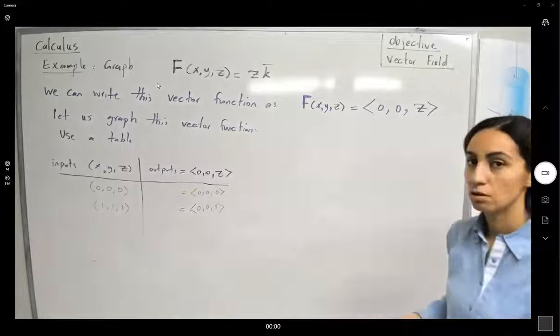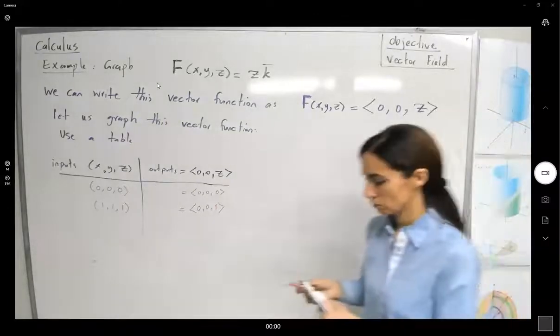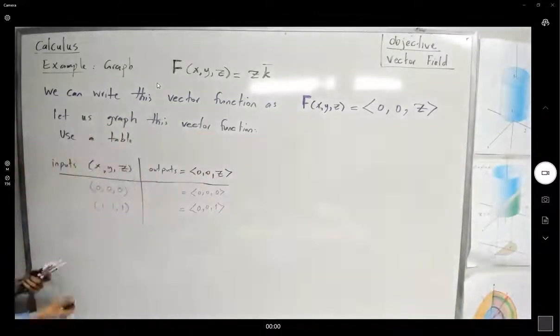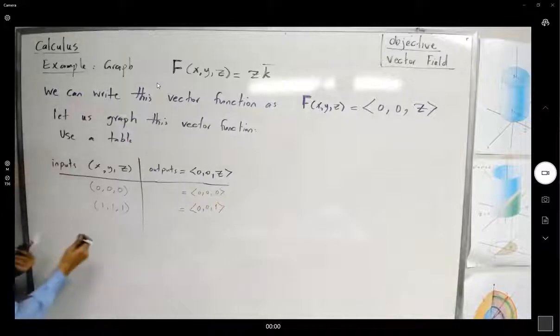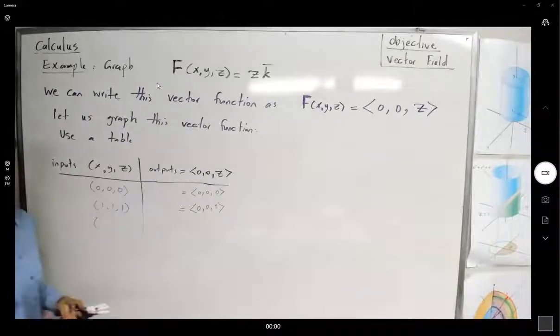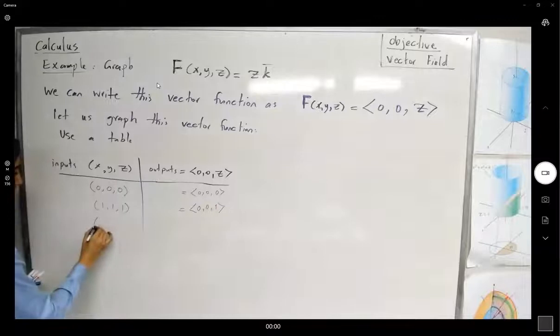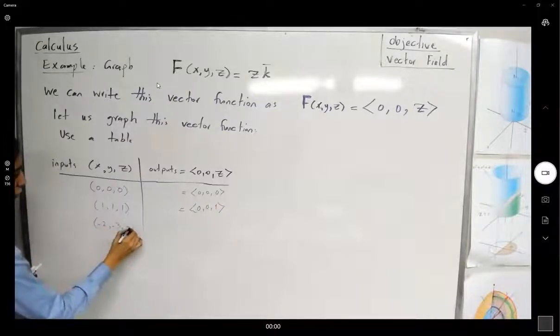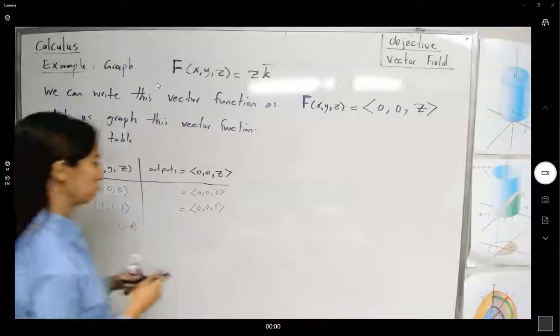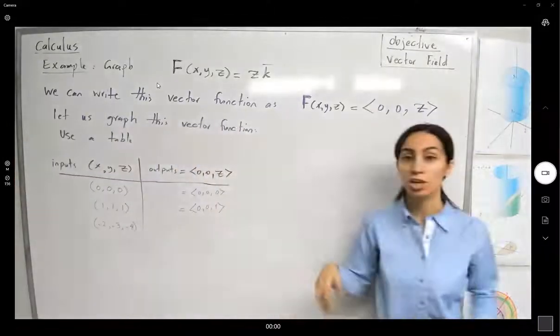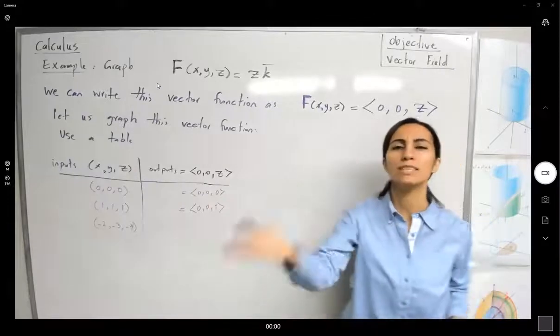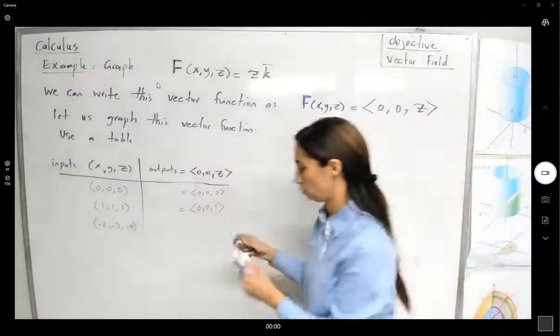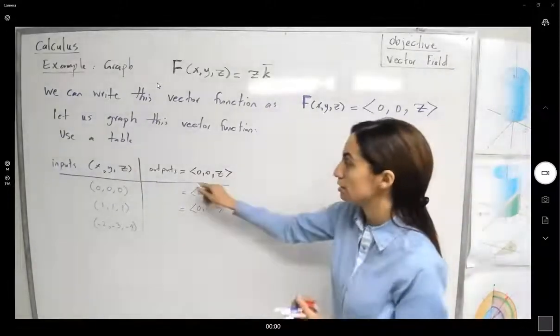So 0, 0, 1. Suppose I choose a different position. Like, let's work with some negative numbers: -2, -3, and negative, for example, 4. So at this position in the space, what is the direction? Well, this is the function.